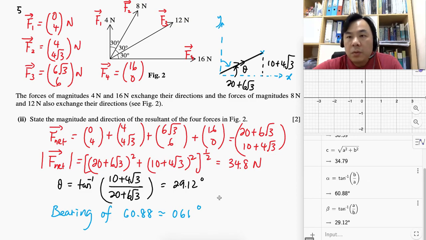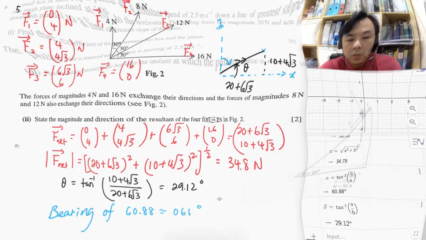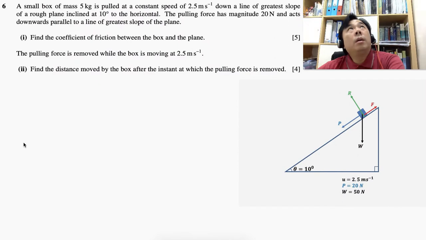We have done question 5 now. We're going to move on to question 6. All right, let's take a look at question 6 now. Okay, now a small box of mass 5 kg is pulled at a constant speed down a line of greatest slope of a rough plane inclined at 10 degrees to the horizontal.